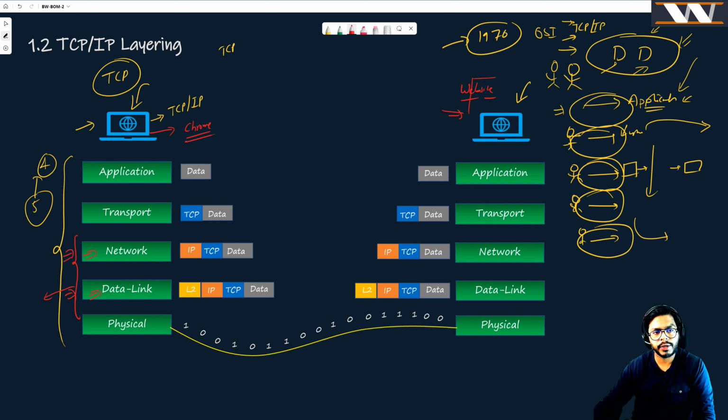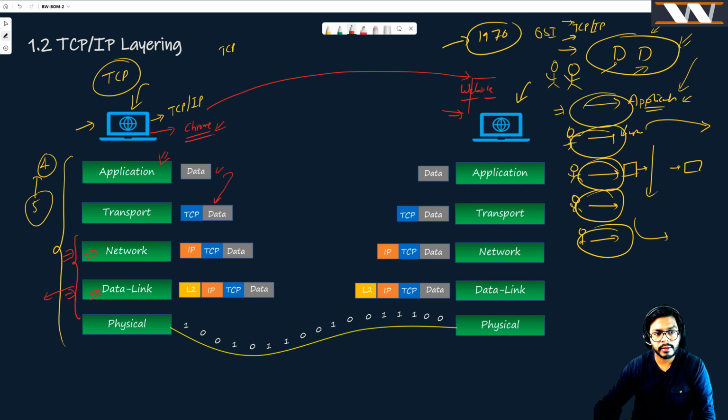So you have opened your browser and you are accessing this website. What is going to happen? This application is going to create some data, maybe a GET request, from the website. The application layer is responsible to collect that data from the application and pass this data to the lower layer.